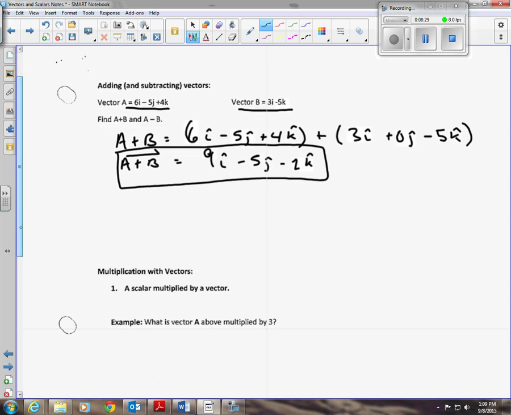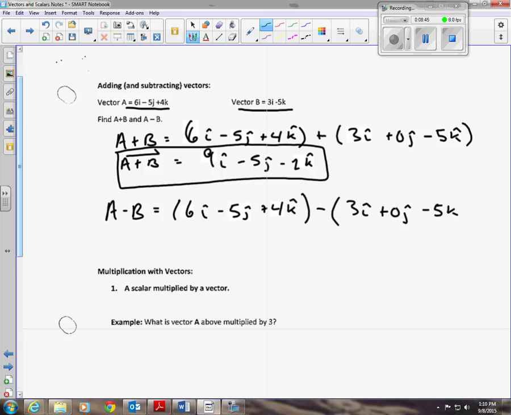If I want to do A minus B, I just do 6i minus 5j plus 4k minus 3i plus 0j minus 5k. I just have to remember to distribute the negative. So 6i minus 3i is 3i.